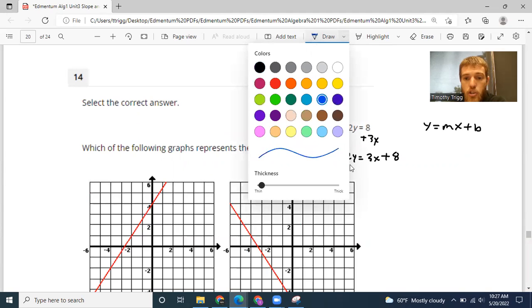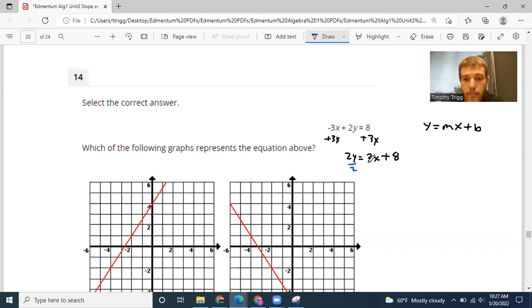Divide both sides by 2, giving us that y equals 3 over 2x. So our slope is 3 over 2. And our y-intercept, 8 divided by 2, is 4. So which graph has a slope of 3 over 2 and a y-intercept of 4?